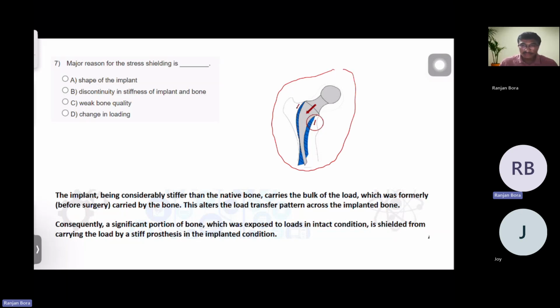It is because of the mismatch in the material properties, stiffness values between the implant and the bone. Carried by bone, and this alters the load transfer pattern across the implanted bone. Consequently, a significant portion of bone which was exposed to loads in intact condition is shielded from carrying the load by a stiff prosthesis in the implanted condition.